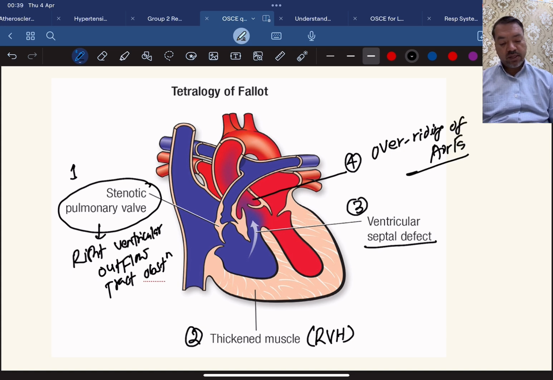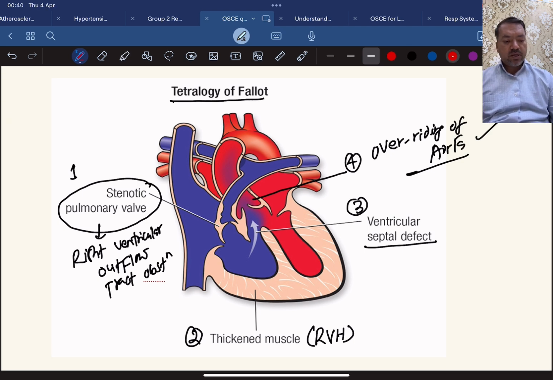The aortic valve lies immediately above the VSD, so that the oxygenated and deoxygenated blood both can enter into the ascending aorta. This is called overriding of the aorta. So this is called tetralogy of Fallot.